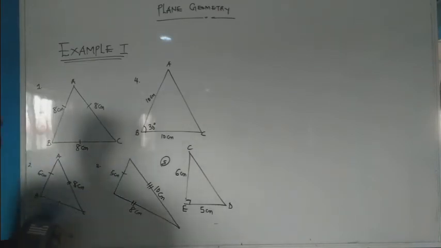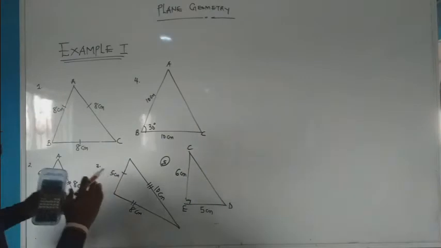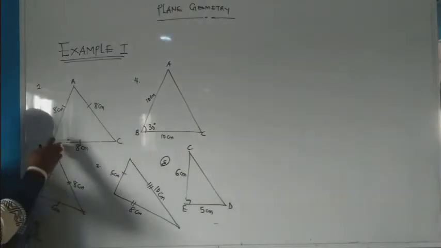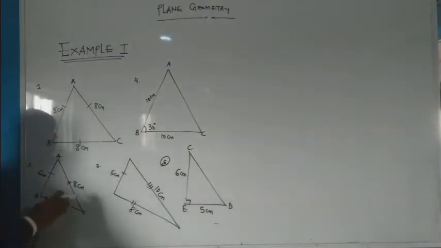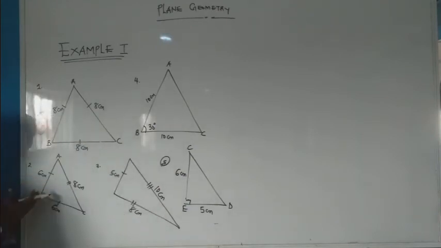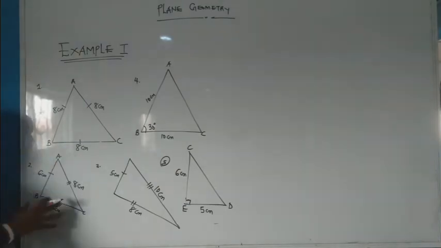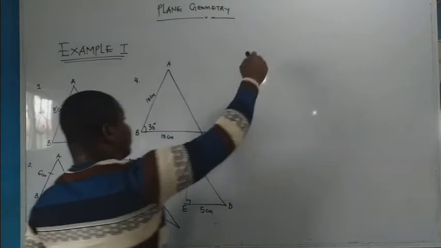So we have an isosceles triangle. So whenever you're given an isosceles triangle, the longest side represents the base. Is that clear? So we have 6 centimeter here and 6 centimeter here, so the longest side, which is 8 centimeter, represents the base.